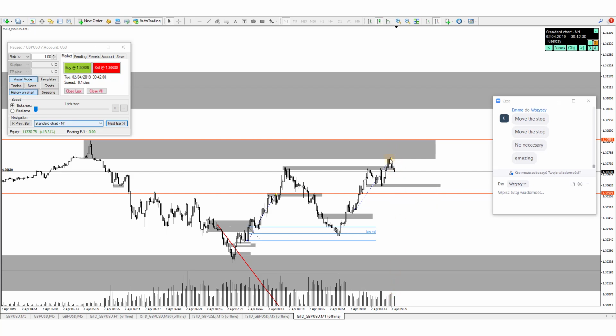Maybe this is really the sellers taking control, but this is what I would call a change of structure. Yes, price made equal highs, a liquidity grab, and a shot down. We also had the Asian high very close. Not so clean, but it could be taken as a very risky trade. I'm not doing this right now.